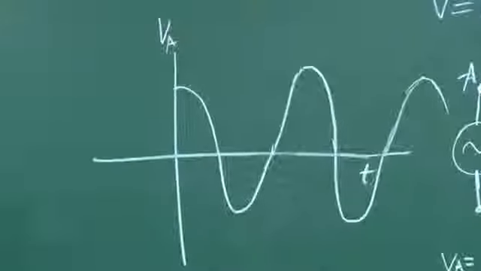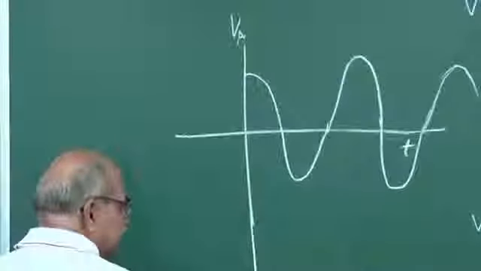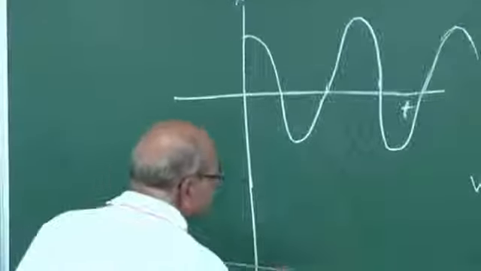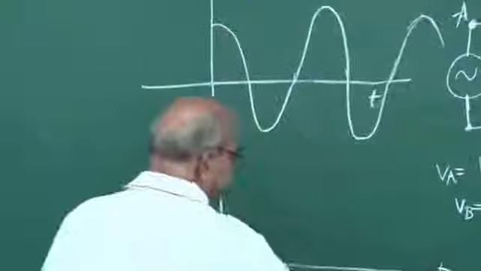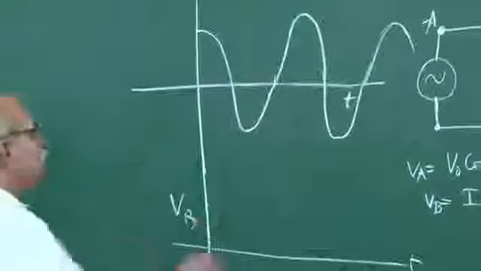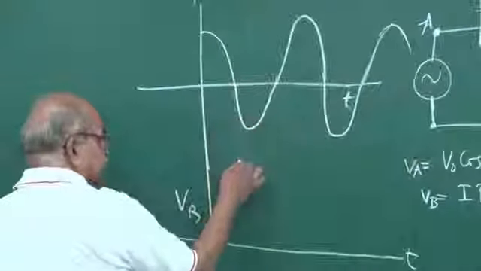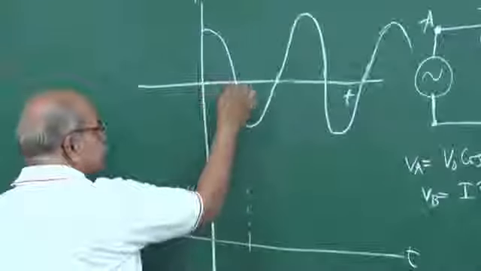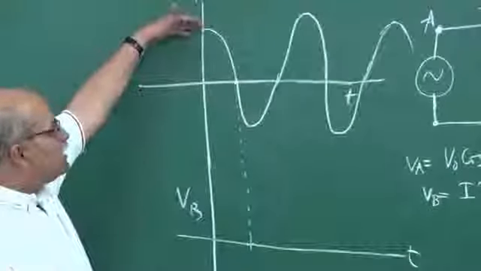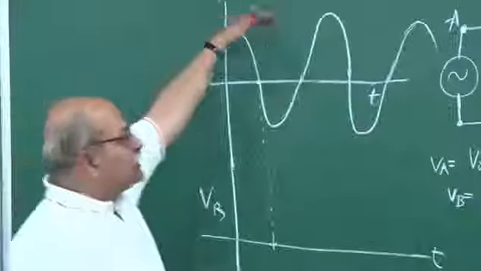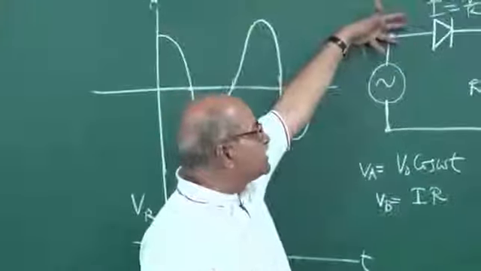All right. Now with the same scale, if I draw VB as a function of time till this time, what is happening? VA is positive. So this has a positive voltage.